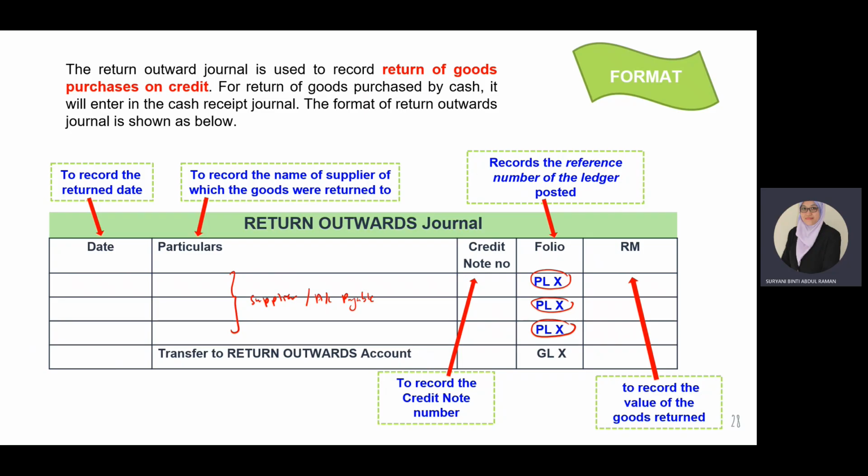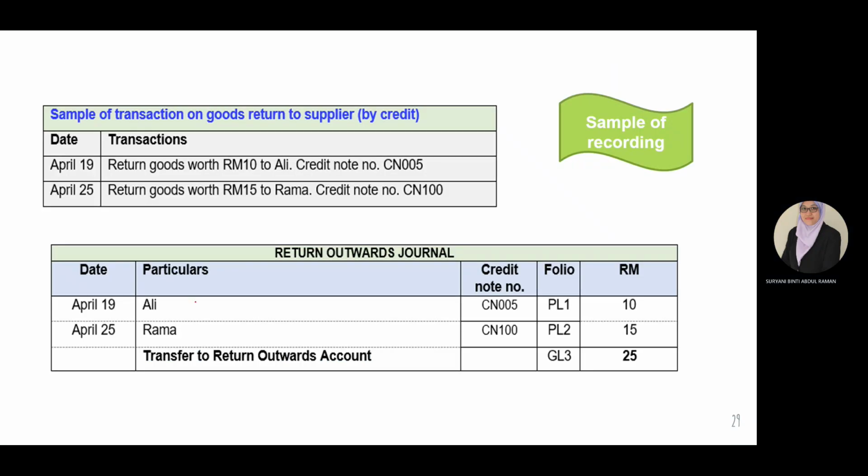Okay, let us look at the following example. We have two transactions related to the goods returned to supplier. One is goods returned to Ali and one is goods returned to Rama. So we open the returns outward journal by recording the transactions in chronological order. We start with Ali. Remember, Ali is our supplier.